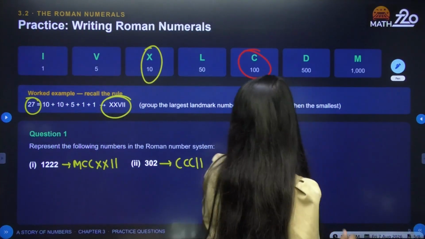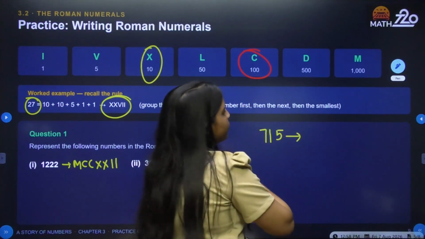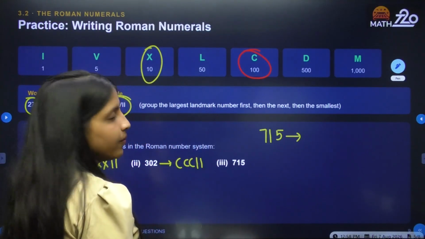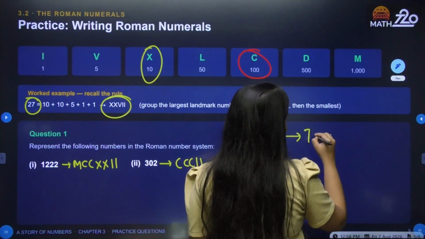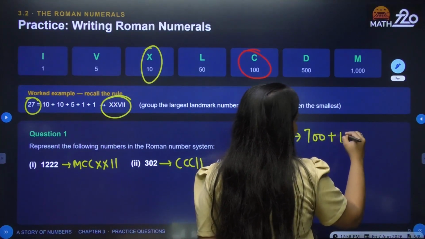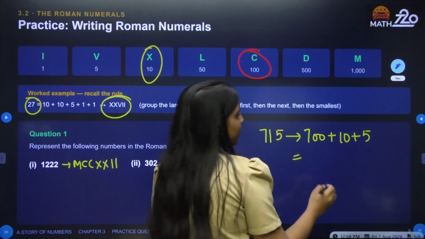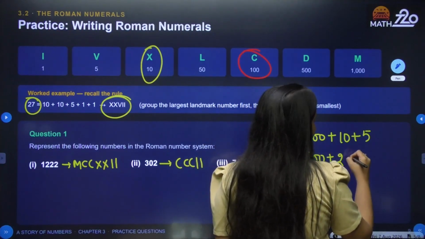Next is 715. Try to solve this question in the 30 seconds now. Let's break this 715 as 700 plus 10 plus 5. I can write this 700 as 500 plus 200. Why?